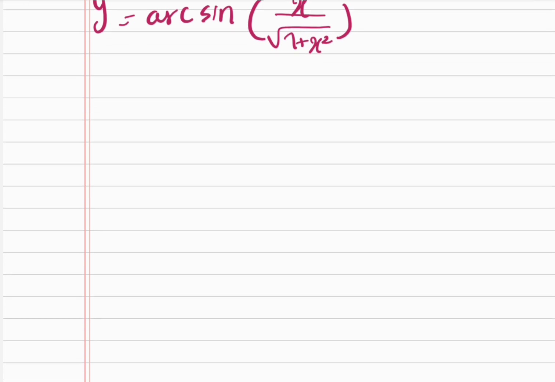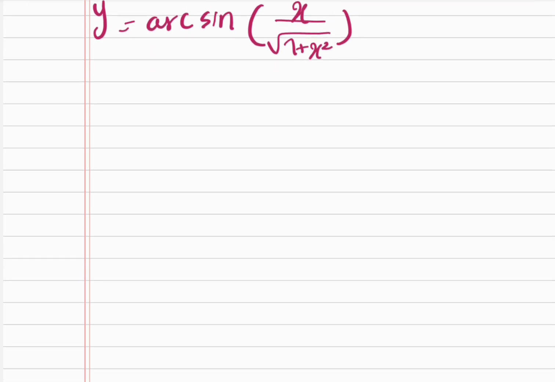So the result that we need to remember for arcsine of any function is this. Let's say you have a function f of x and you want to find the derivative of arcsine f of x with respect to x.